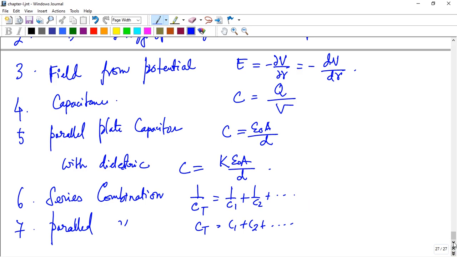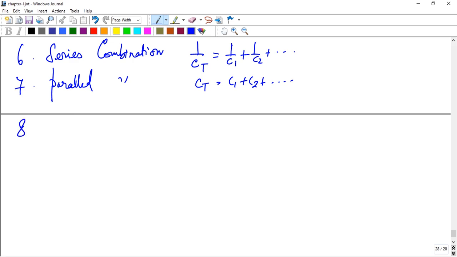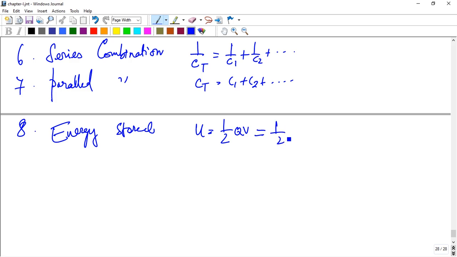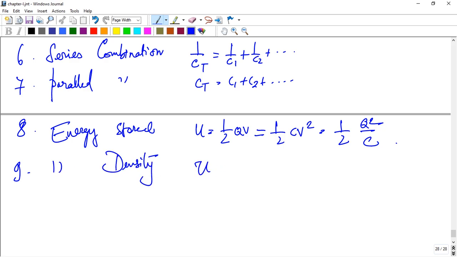Energy stored, number 8, means U equals half QV, which is also equal to half CV square, or half Q square by C. Number 9, energy density means per unit volume, that is half epsilon naught E square.